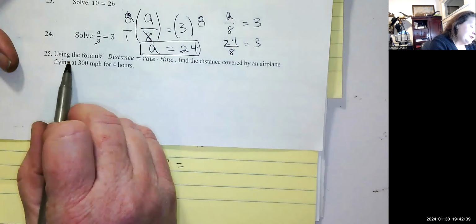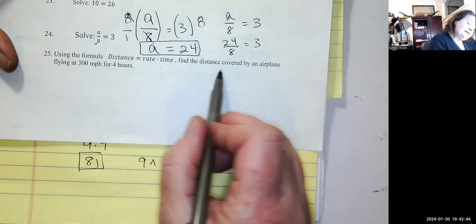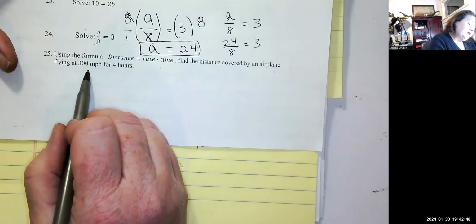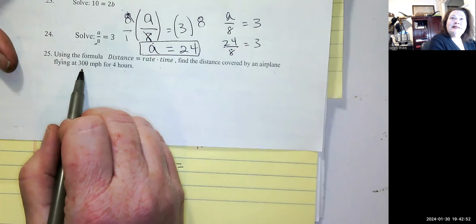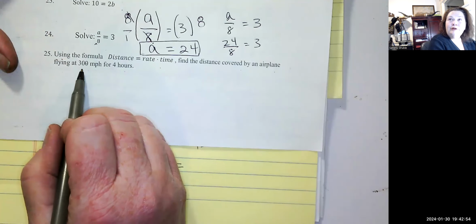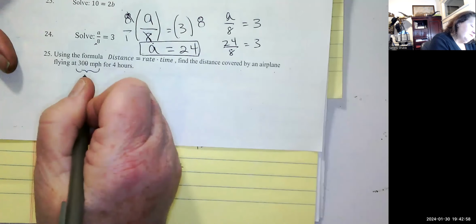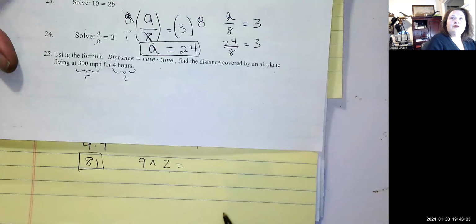So the last one here says, using the formula, distance is equal to rate times time, find the distance covered by an airplane flying at 300 miles per hour for 4 hours. So we're looking for distance because they're not telling us how many miles. They're telling us the rate, which is the miles per hour, and they're telling us the time, which is 4 hours.